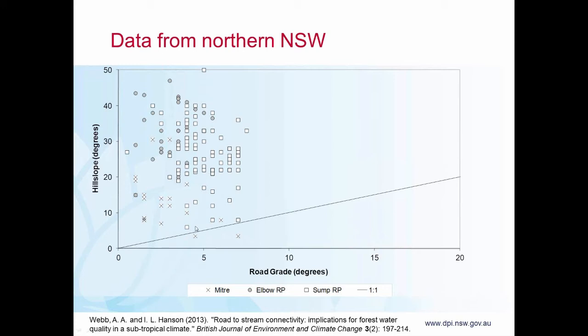But what you can see is, in the majority of situations, the road is naturally a lot less in grade than the hill slope that is receiving the water where the drains discharge onto. So that's something we need to keep in mind.